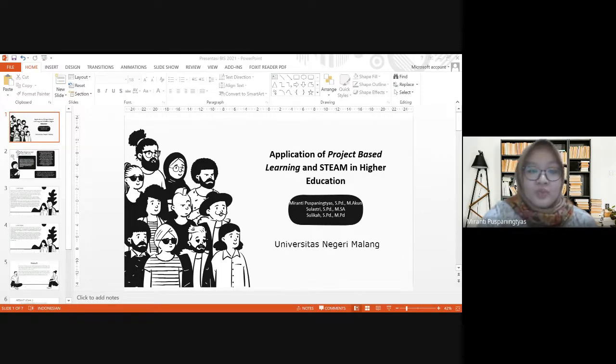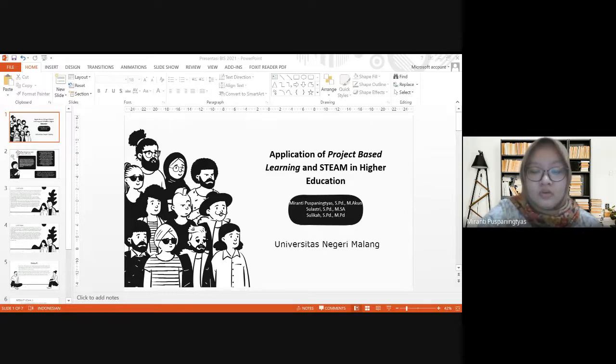Through this project-based learning and STEAM learning model, students are expected to be able to think critically during learning activities because they are directly involved in the learning process in order to complete a project or a product that is produced independently, or maybe they create the project as a team.